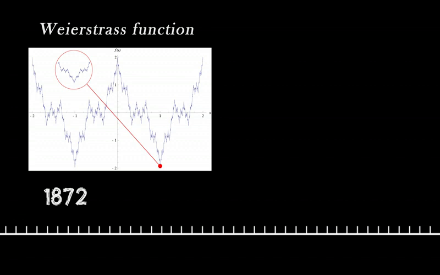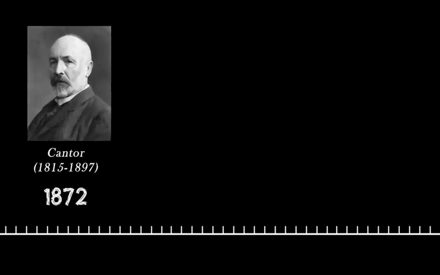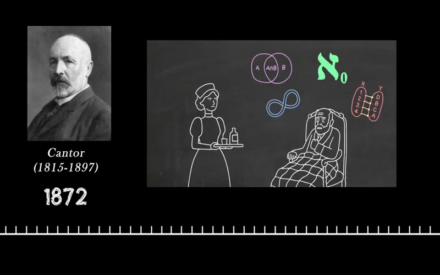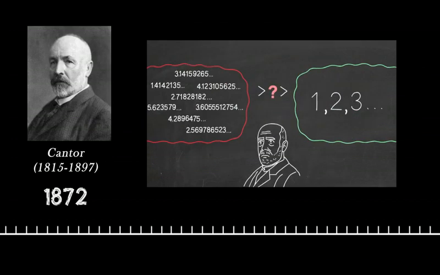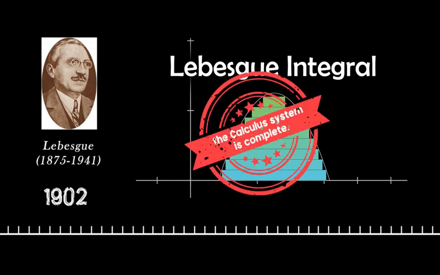Mathematicians employed logically rigorous tools in concocting a host of strange counterexamples. Driven by these questions, Cantor, Lebesgue, etc. established the theory of real numbers and integral theory, and it was declared that the calculus system had been complete.